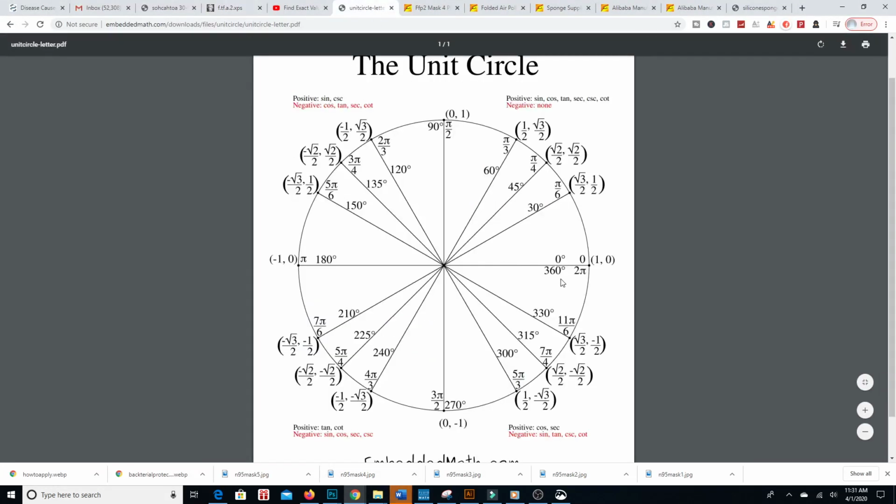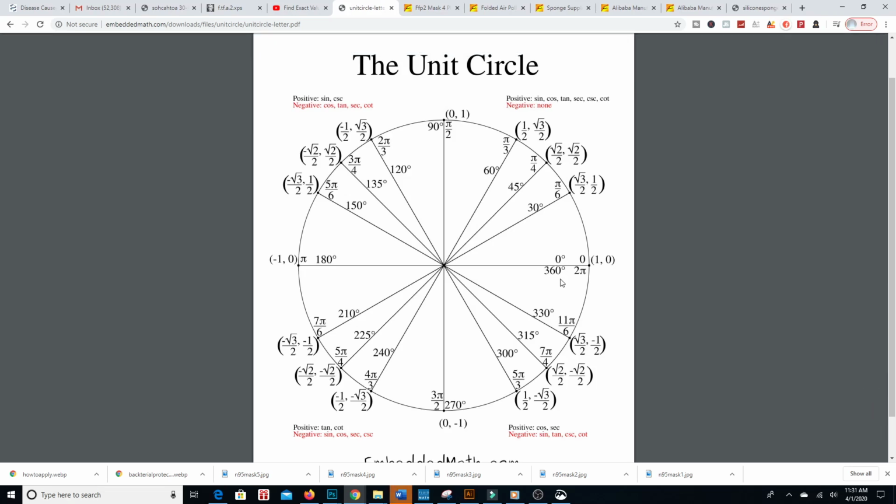There we go, unit circle, all right? And the axes in this question, let me see. Point A is 1/2, radical 3 over 2. So 1/2, radical 3 over 2. Okay, so there we are.